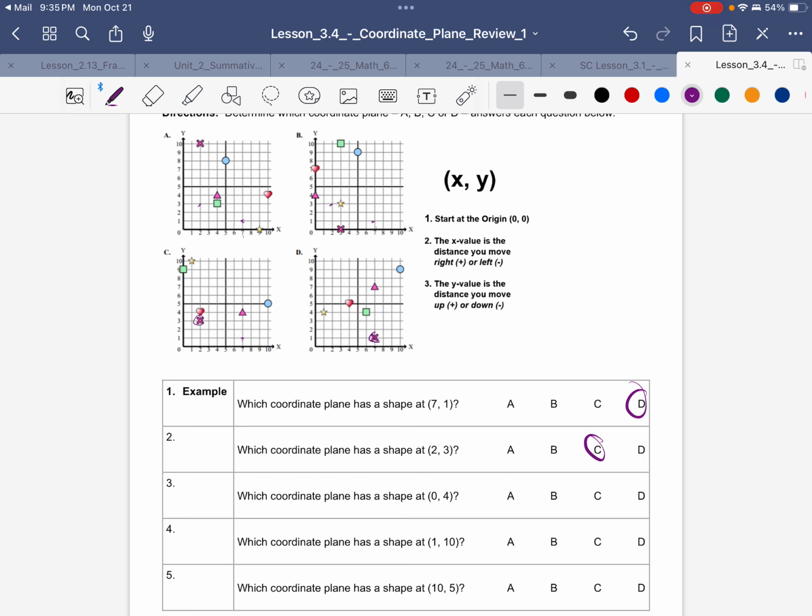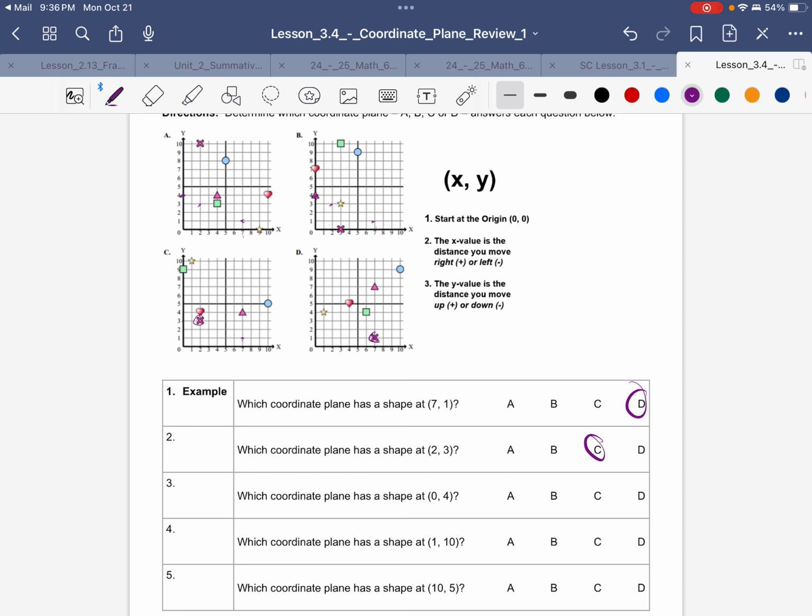All right, number 3. Which coordinate plane has a shape at 0, 4? So start at A. I'm going to start at A every time now. Sorry about that last time. A does not have anything there. B does, our triangle here. C does not. And D does not.